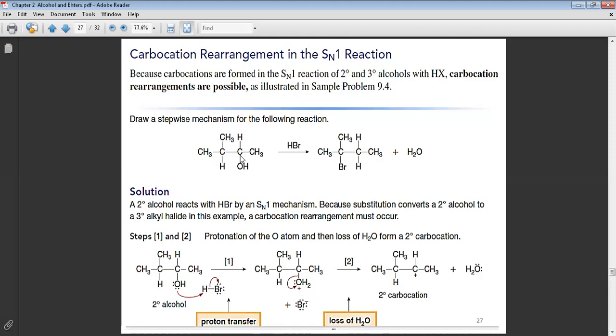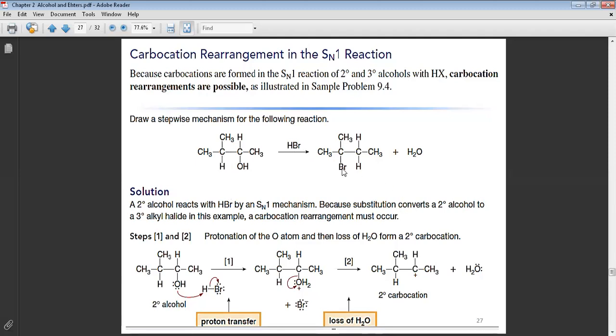Now this secondary carbocation can be converted to the tertiary, just by the hydrogen with both of its electrons, a 1,2 hydride shift. The positive charge comes to here to give you a tertiary carbocation, and then the Br minus attacks the carbocation to give you the Br here.